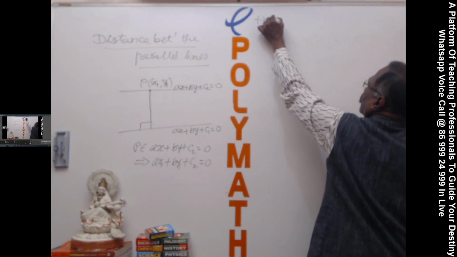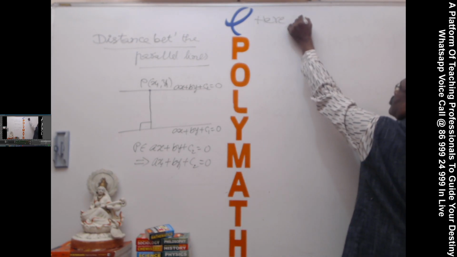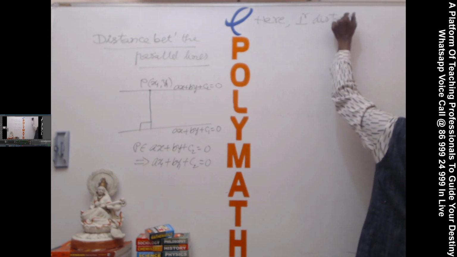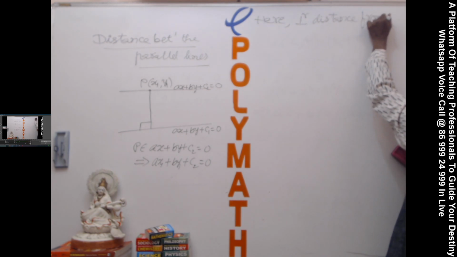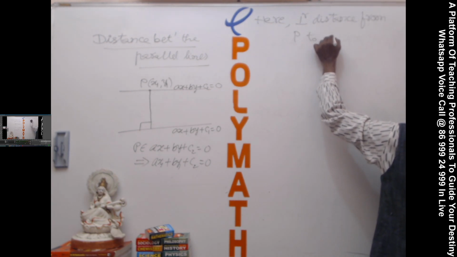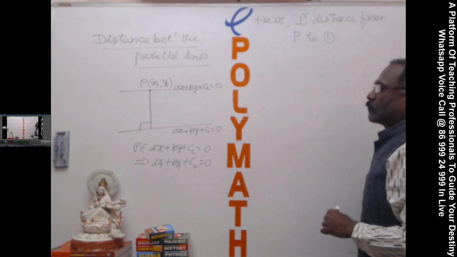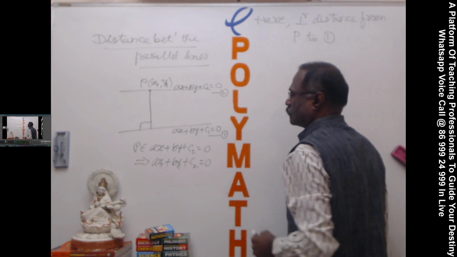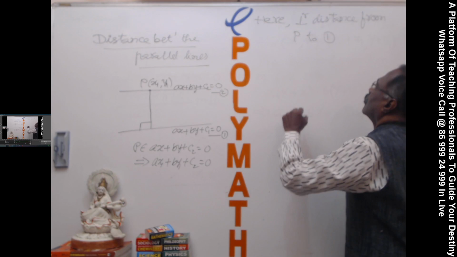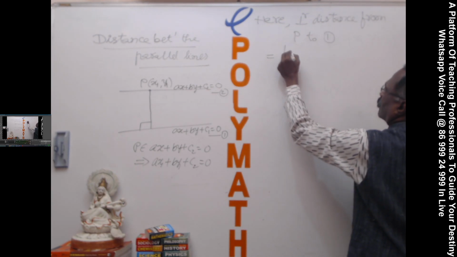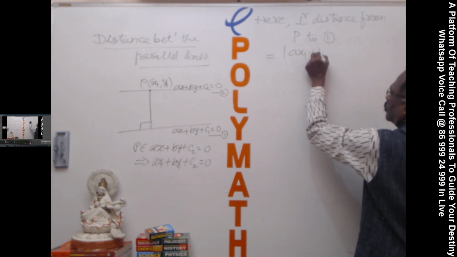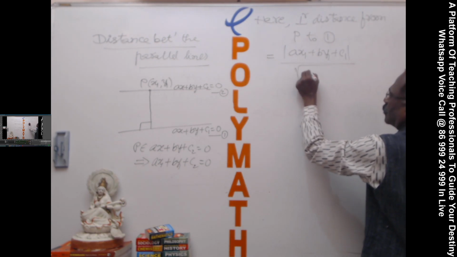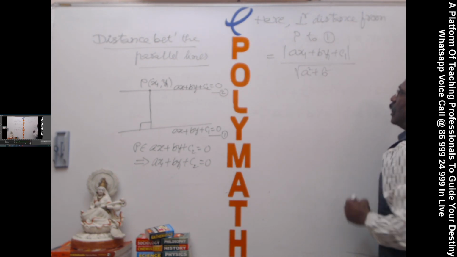So, if you apply that formula, the perpendicular distance from P to line 1, I am saying this one as 2 and this as 1, is equal to modulus of ax1 plus by1 plus c1 divided by root over a square plus b square.